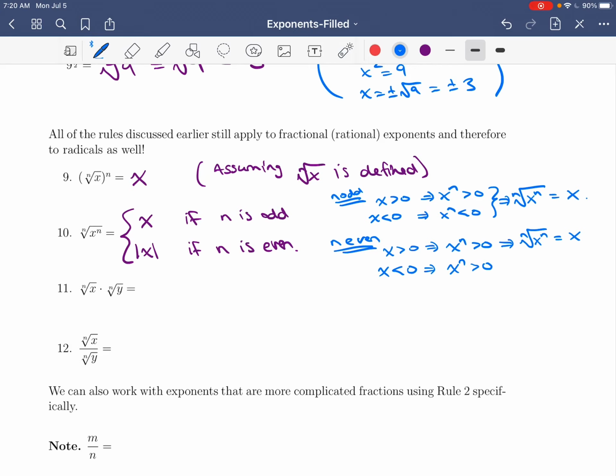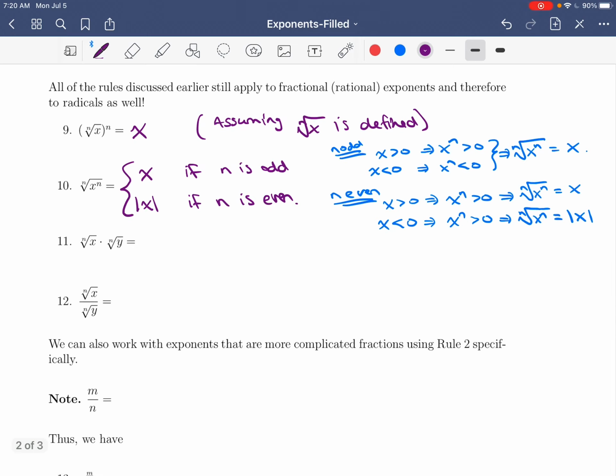So if I have a negative number and I raise it to an even power, I'm going to get a positive number. Then when I take the nth root of that, I can because it's positive, so my nth root is defined, but I'm going to get a positive number which is not x. It's absolute value of x. So it's going to be like x, but the positive version. So that's why we have to use the absolute value. That was a long explanation for something that doesn't come up very often.